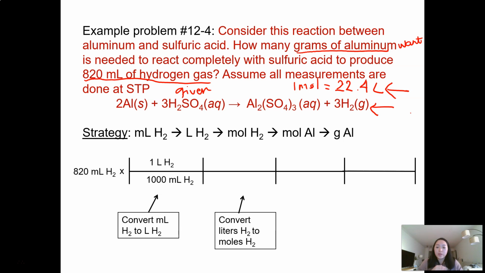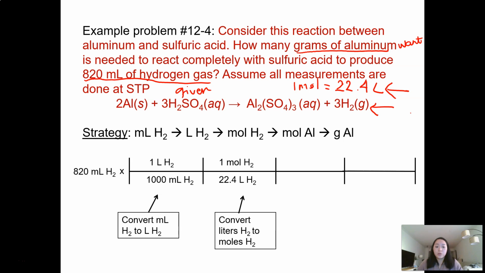We're done with our step 1 in the strategy. Step number 2, we got to convert now liters of hydrogen gas to moles of hydrogen gas. And we used our trusty conversion factor there with a 22.4 liter of H2 per mole of H2. So we put liter of H2 at the bottom to cancel out with mole of H2 at the top because that's what we want to keep.